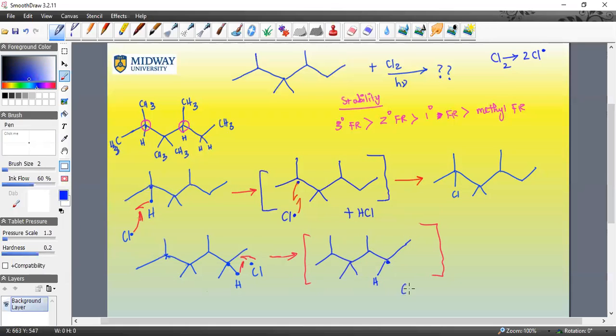Right, now this combines with the other chlorine radical, which leads up to this. Okay, that leads us to the other product. Now what is this? This is a secondary free radical, right?